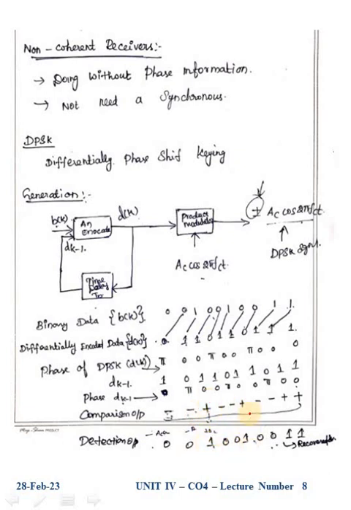So minus minus plus minus minus minus plus plus gives 0 0 1 0 0 0 1 1. Now we check this detected output against the binary data: 0 0 1 0 0 1 0 0 1 1. The same thing is recovered at the output side also. In this way we can generate the DPSK signal.